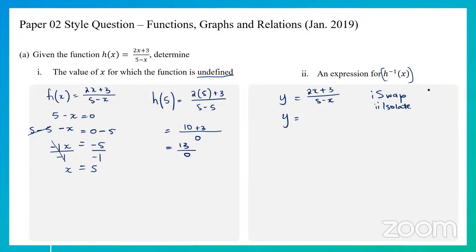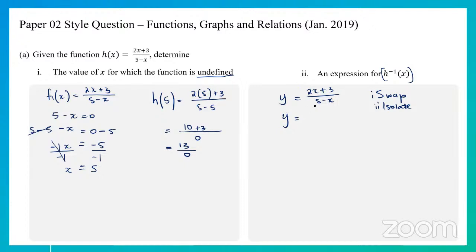Well, I should have switched them because I'm going to isolate first and then swap. The reason is that it makes me realize that I am not complete with the problem as yet, so I don't stop prematurely and put the wrong answer there. So I'm going to isolate for x first and then swap x for y.